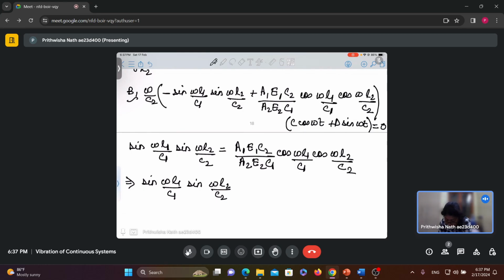Here A1 and A2 are areas, these are the area of cross section of the bar. These are different from the constants with the tilde.